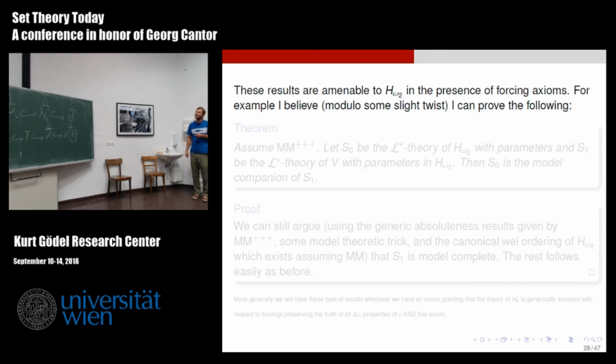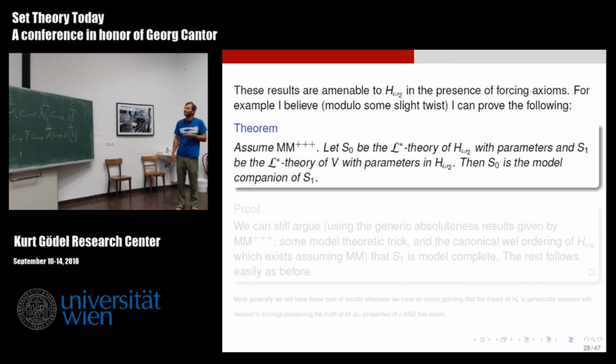I have dealt in detail with the case of H omega 1, but actually we can stretch it also to H omega 2. In this case, we have to take the pi1 theory of H omega 2 with parameters in H omega 2.